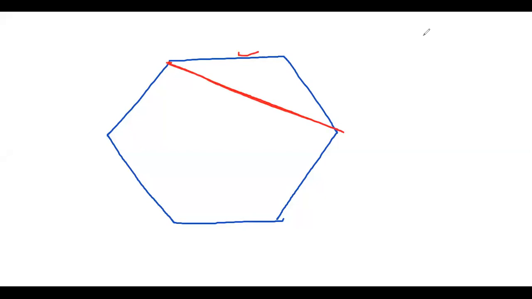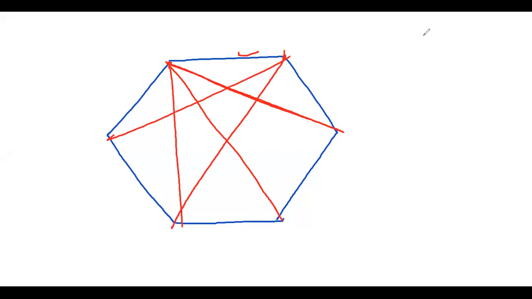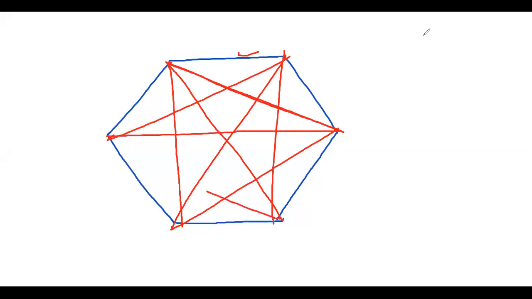Let's join these two which are not joined. 3, 4, 5, 6, 7, and 8, and this last one is left, 9. Okay, so there are 9 diagonals in this figure.